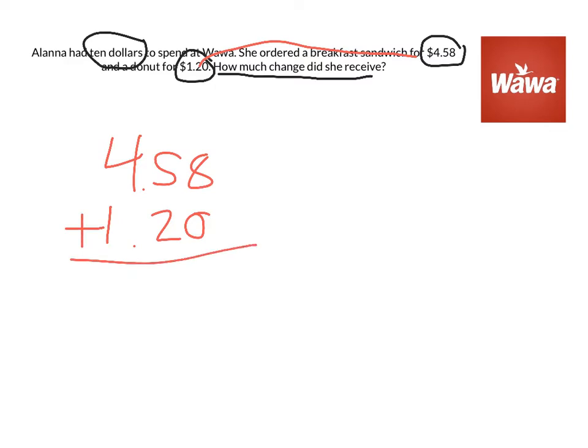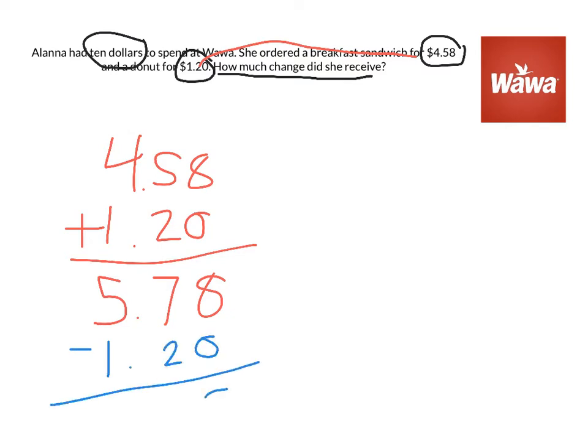Going to add that. That's going to give me 5.78, which is how much she spent. Need to check that, so subtract 1.20 from that. And that does match my original one, so I'm good there.